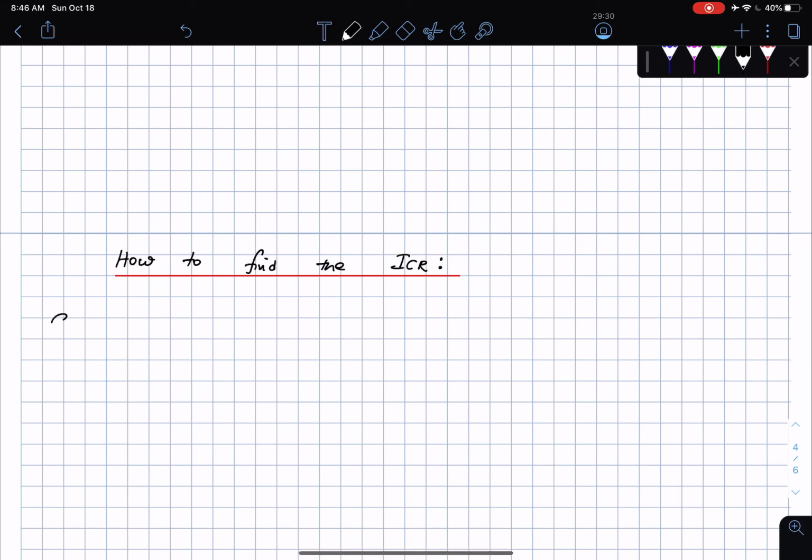So case 1. I'm now given two non-collinear and non-parallel velocity vectors on a rigid body at that instant in time.